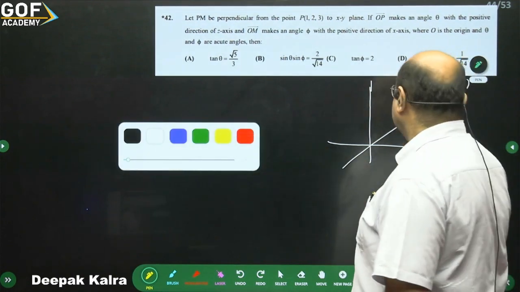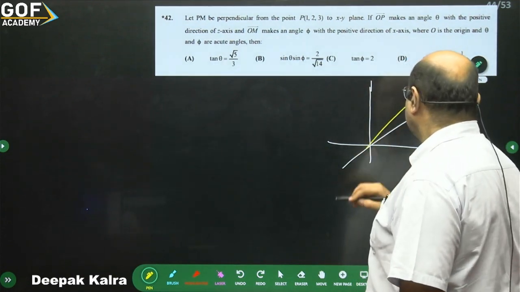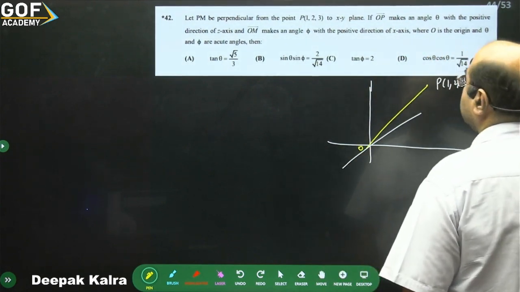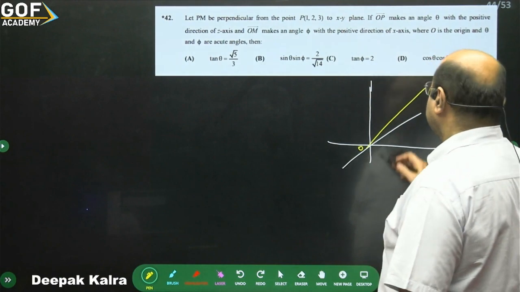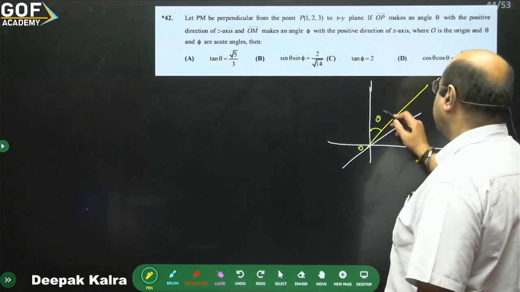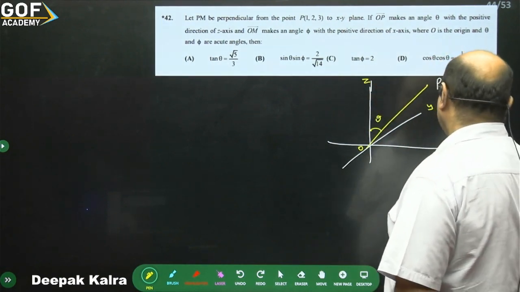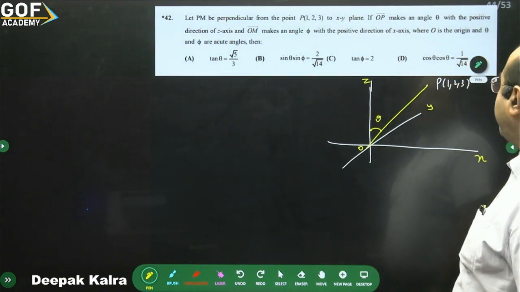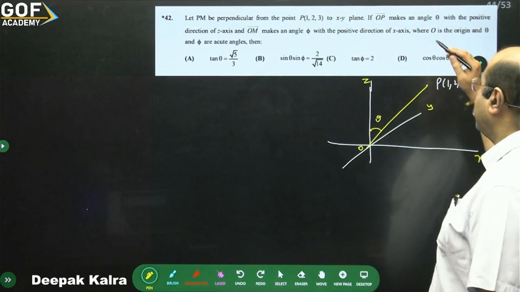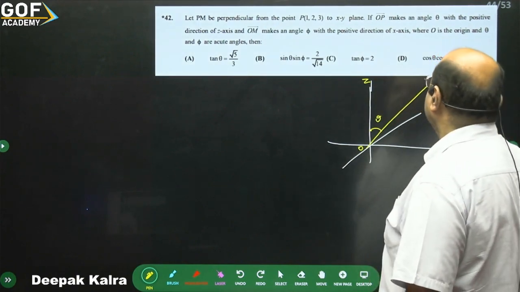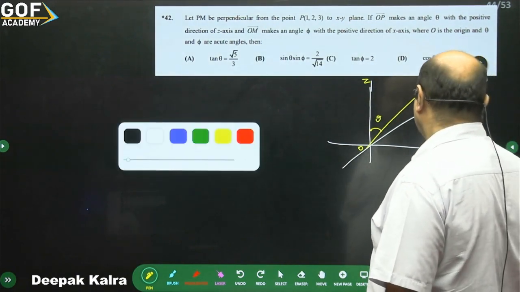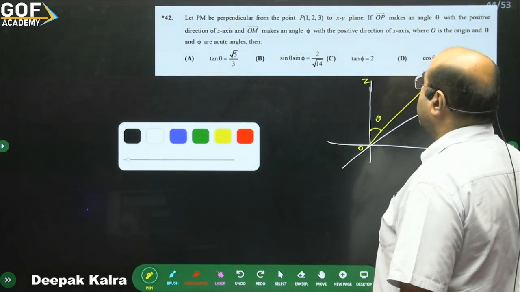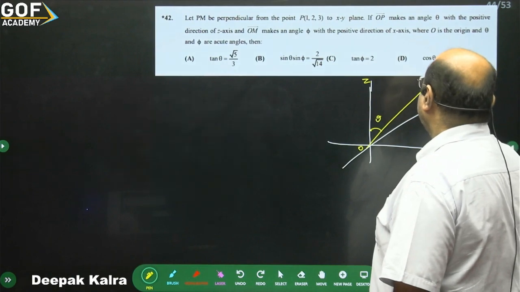OP makes angle theta with positive direction of Z axis. Okay, this I take it as theta. This is Z, this is Y, this is X. Let us suppose. And PM is dropped from the point P to XY plane.